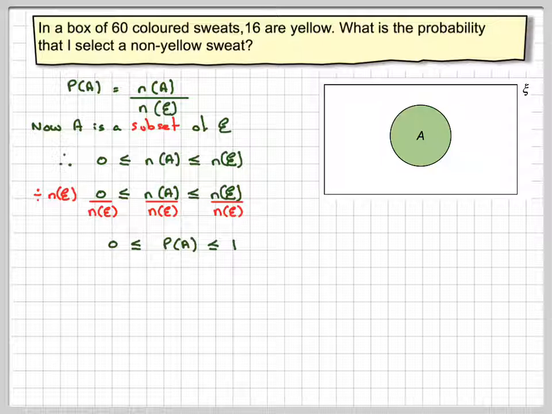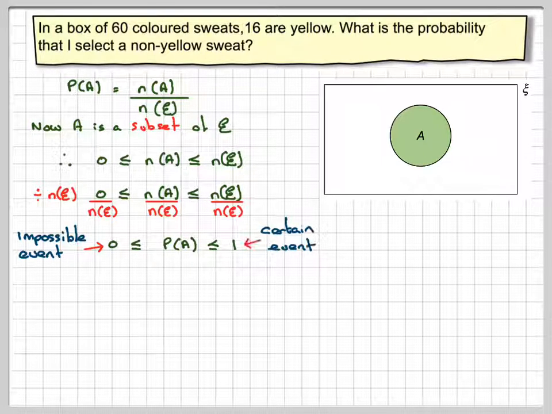Now 0 is the probability of an impossible event. An example of that would be, I've got a set of black cards, and I ask the question, what's the probability that I choose a red one? That's not possible, so it's 0 out of 26 because there are 26 black cards. And this one is called the probability of a certain event.